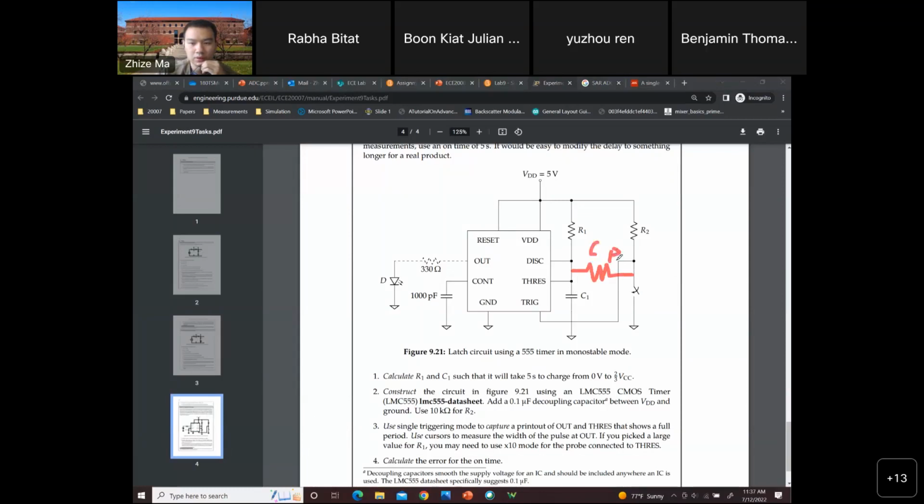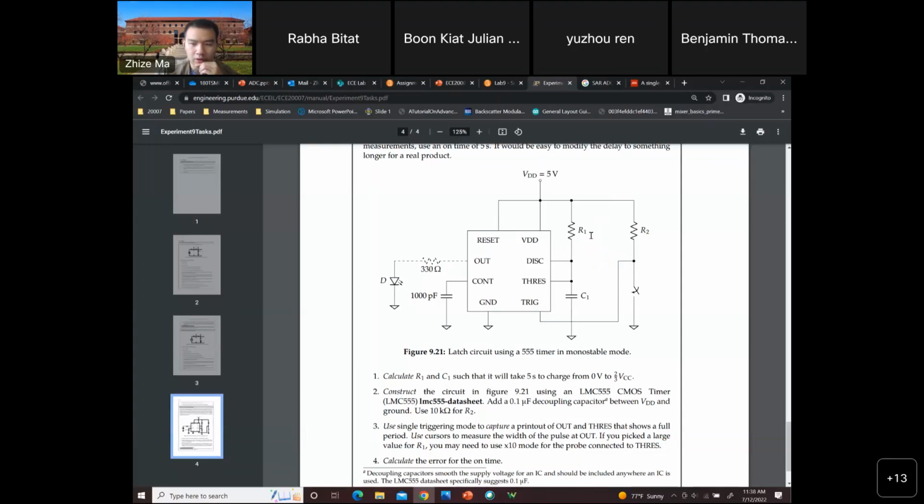This will be the circuit diagram when you have a probe in here. R1 will be in parallel with RP, the input impedance of the probe. That will cause a loading issue if your R1 is very close to this value. So make sure your R1 is smaller than 300 kΩ to avoid a loading issue.